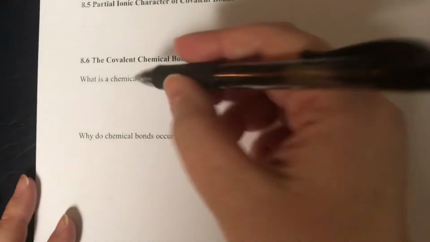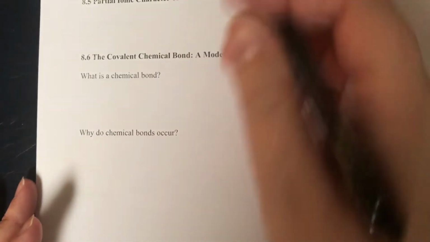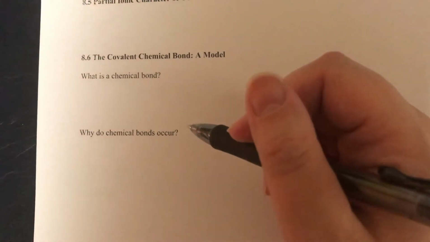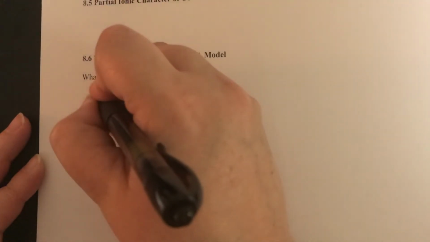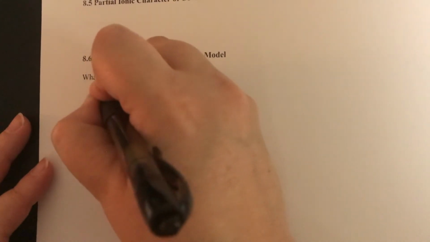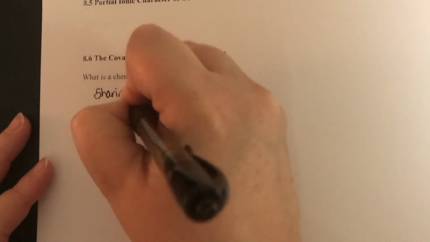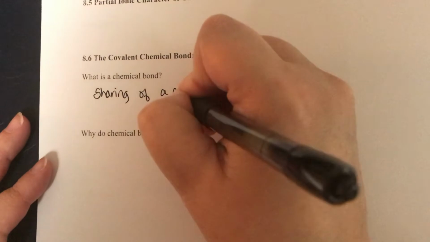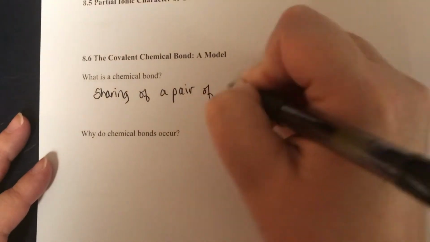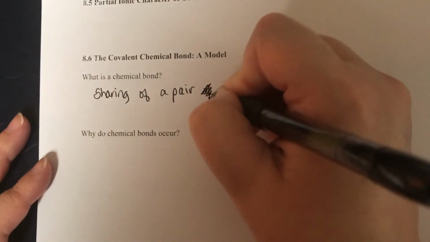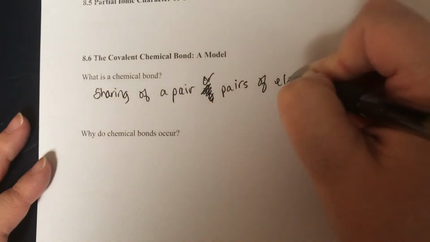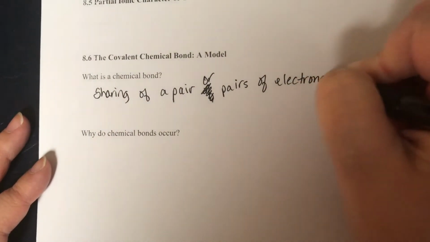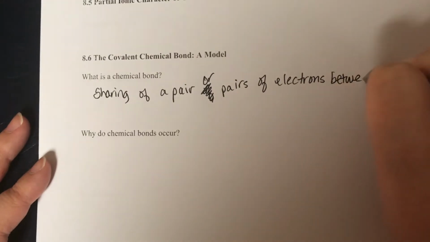And then we're going to turn the page, and we're going to drop down here to what is a chemical bond. We're going to skip this bit about lattice energy for now, for this year. So what is a chemical bond? A chemical bond is the sharing of a pair or pairs, oops, I wrote of and meant or, pairs of electrons between two atoms.